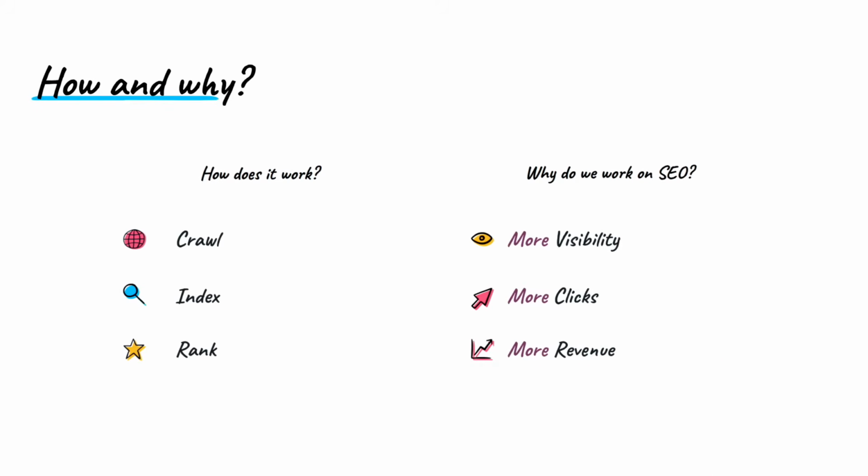So a big question also is, how does it work and why do we work on our SEO? So how does it work? Basically, Google or Yahoo, Bing, and so on, all these search engines, will crawl websites. They will discover new pages and classify them in their little folder. And when they have access to these pages, they will scan the content, try to understand what it's about, and then index them.